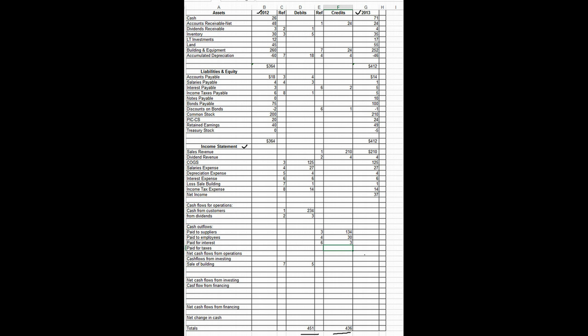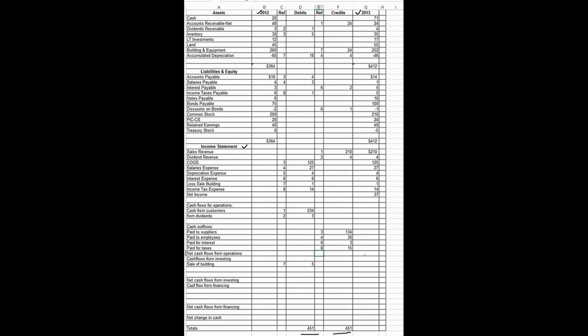Paid for taxes is 1 and 14 or 15, and I am on transaction number 8. How did I do? Still in balance, and I've recorded the transaction for income tax expense.